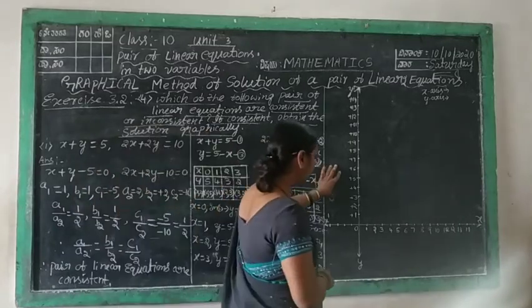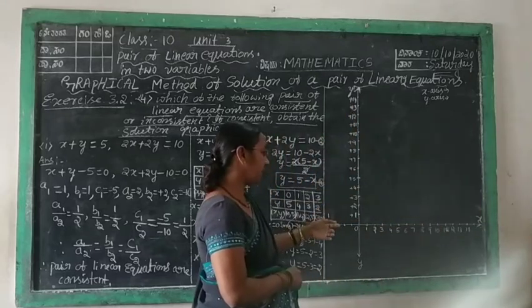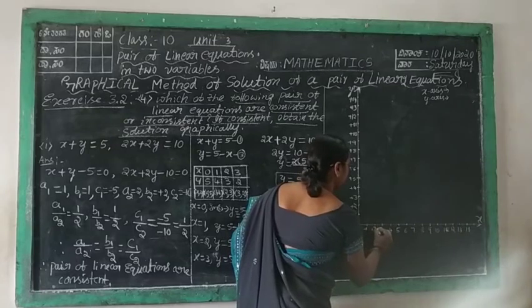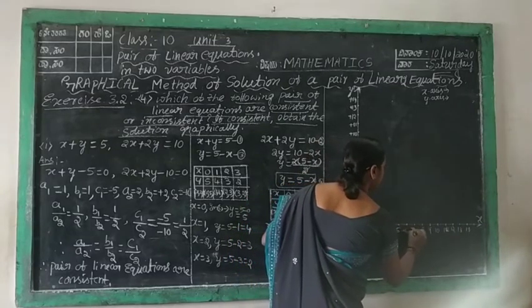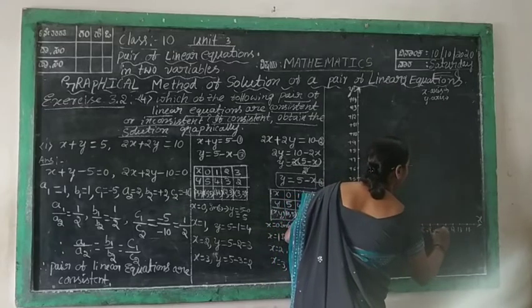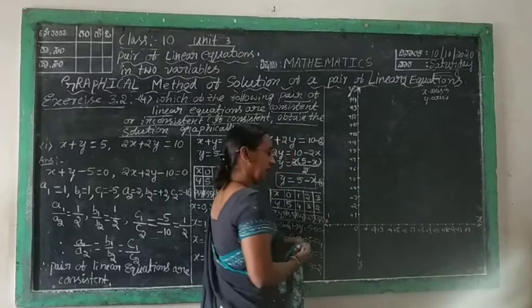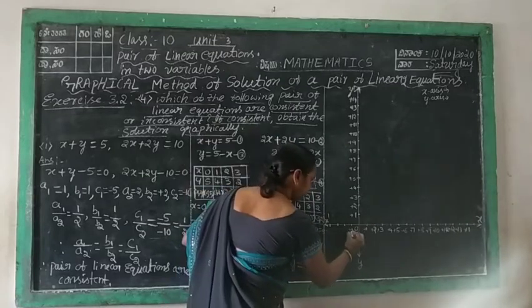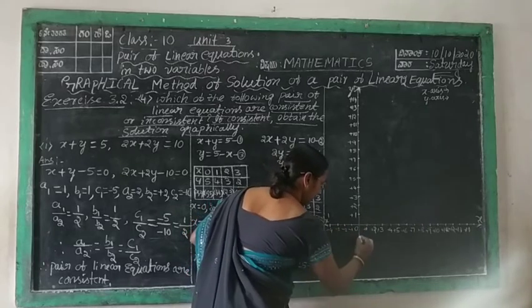We draw the graph with the x-axis and y-axis. On the x-axis, to the right side, the points are plus 1, plus 2, and so on. To the left of 0 are minus 1, minus 2, minus 3, minus 4.